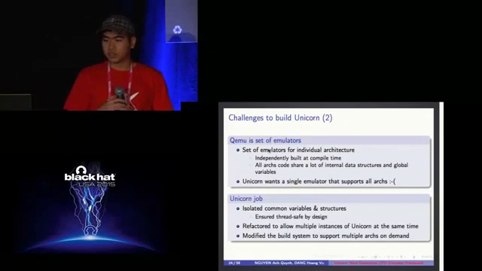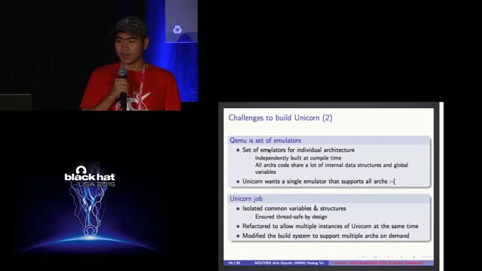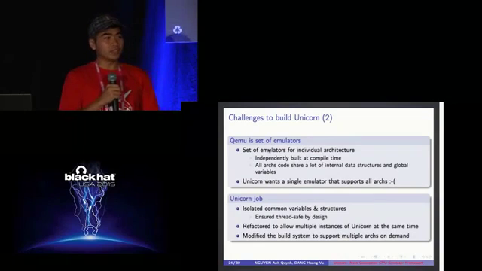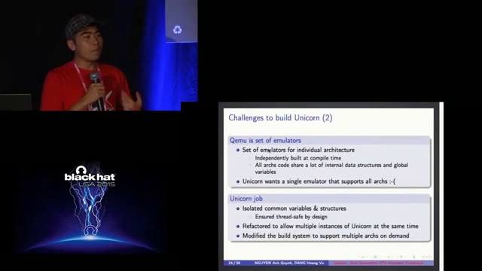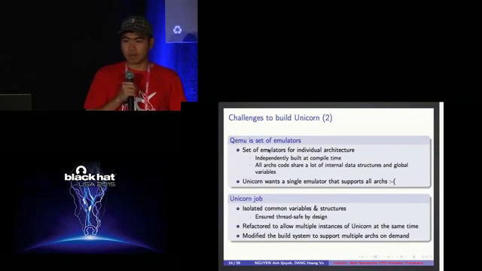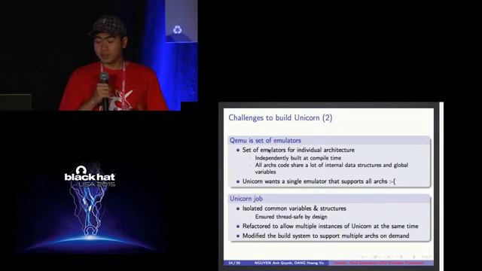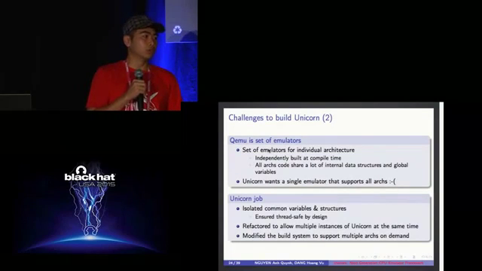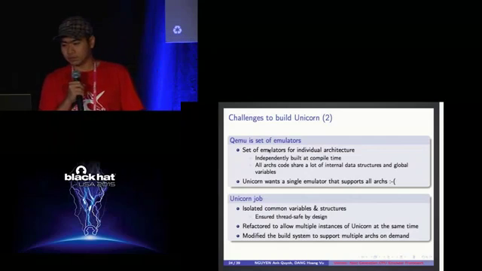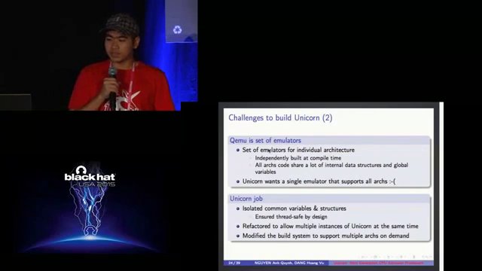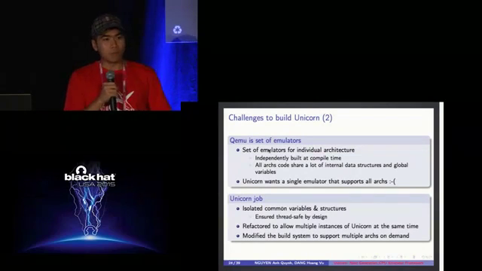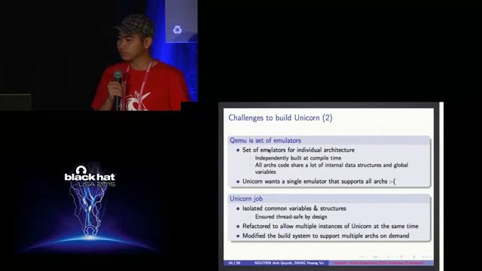So the second challenge is that QEMU is a set of emulators. They have all the architectures, but they compile into individual binaries. So each binary can only be used to simulate one architecture. This is decided at compile time, so after you compile, you have no way to emulate other architectures.